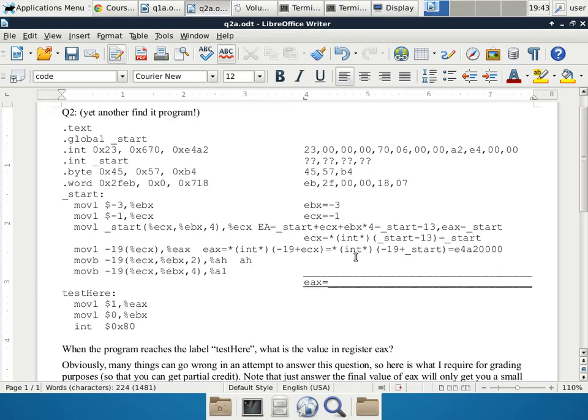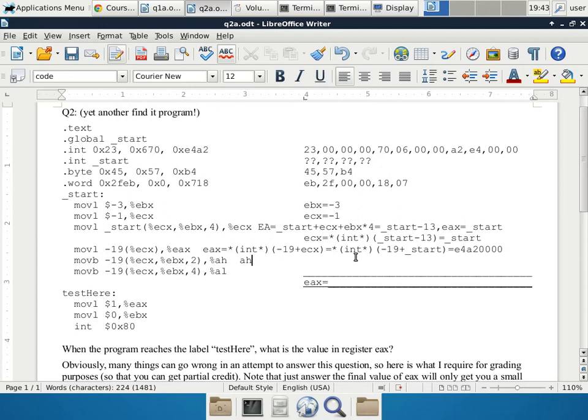Okay. So if you draw out the picture, we have 2, 3, 0, 0, 0, 0, 0, 0, and then we have 7, 0, 0, 6, 0, 0, 0, 0. We have 8, 2, E4, 0, 0, 0, 0. And then we have 4 question marks because they correspond to the value of _start itself. And _start itself is an address.